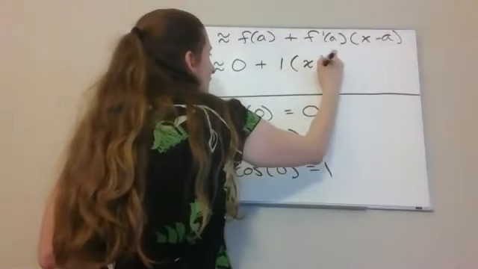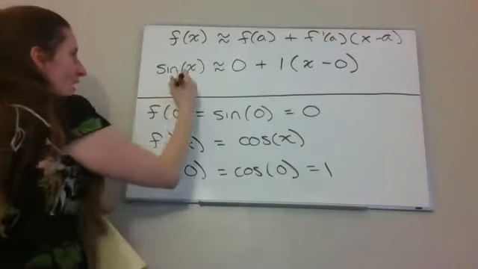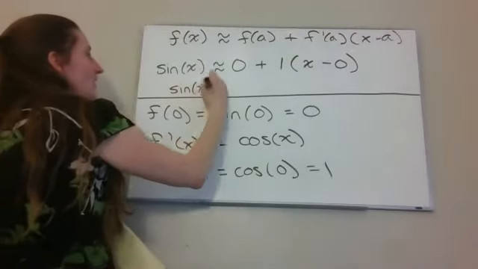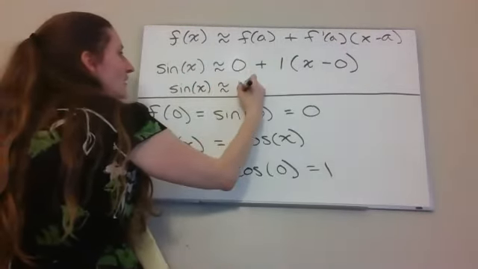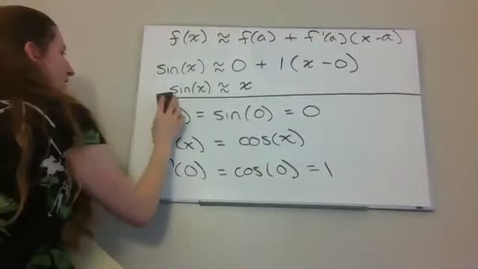And then I have x minus a, and a was also 0. So what I get is sine of x is approximately equal to just x for values of x near 0.